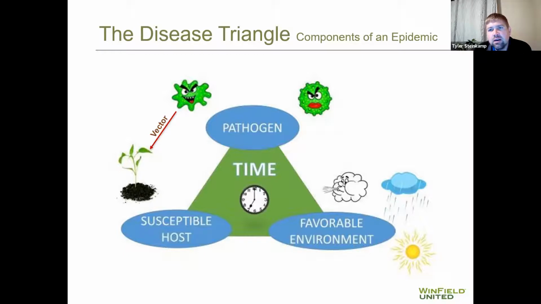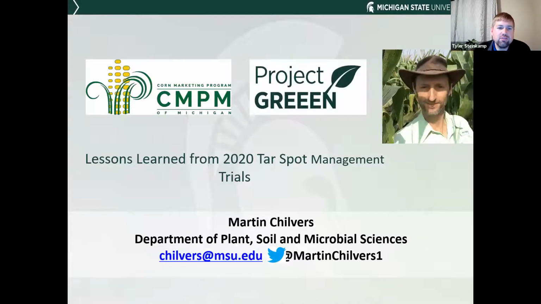Okay. Now, certain areas get it a lot worse than Iowa. You look at places like Illinois, and then actually out in Michigan, they get a fair amount of tar spot every year. So they've had a much better look at it than we necessarily have here in Iowa. And so I pulled some data from Dr. Chilvers out of Michigan here. And this is 2020. I haven't seen his 2021 data yet.